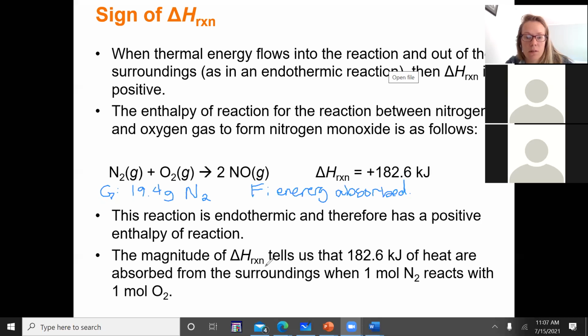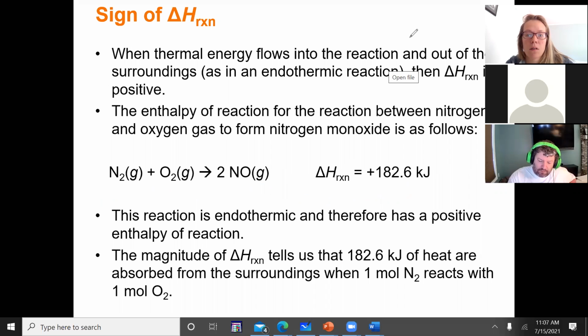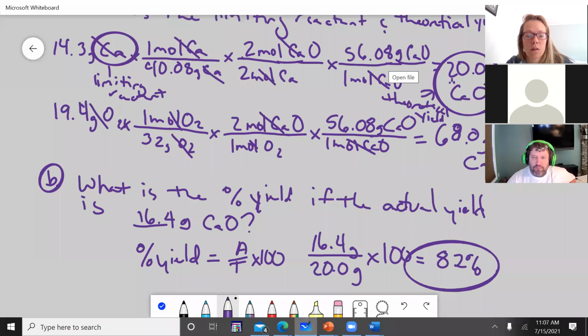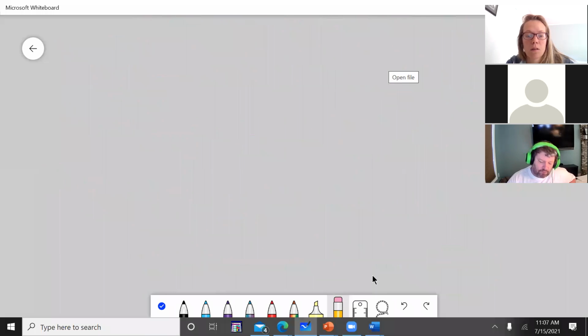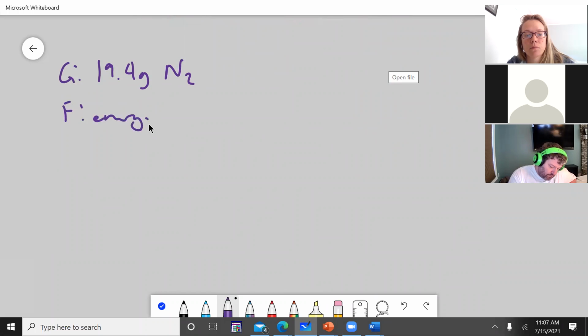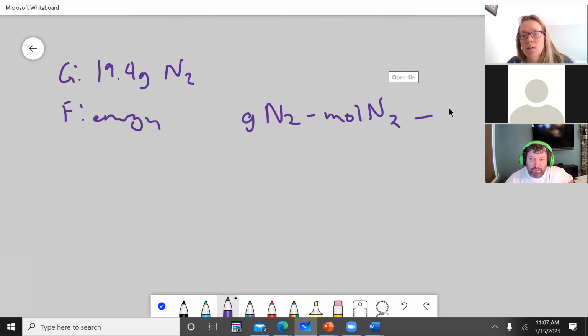Okay, so we've got 19.4 grams of the N2 given, and we're trying to find energy. So we're going to go from grams of N2 into moles of N2, and moles of N2 into energy or kilojoules.